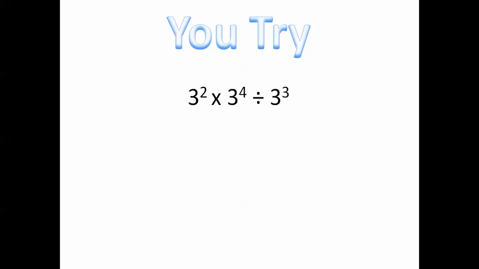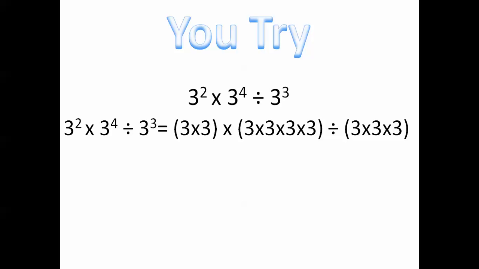Alright, so step 1. Let's expand all the powers. So we get 3 times 3 multiplied by 3 times 3 times 3 times 3 divided by 3 times 3 times 3. Now if we group, this gives us 3 to the power of 2 plus 4, because we know from our first exponent law, if we have multiplication, we add the exponents, divided by 3 to the power of 3.